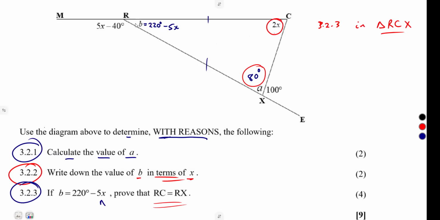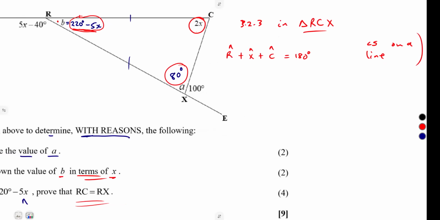And angle R is given as 220 degrees minus 5x, the angle represented there by B. These angles must give us 180 degrees: angle R plus angle X plus angle C. We are talking about the sum of angles in a triangle in this case.